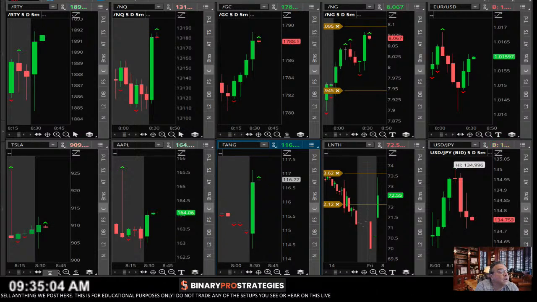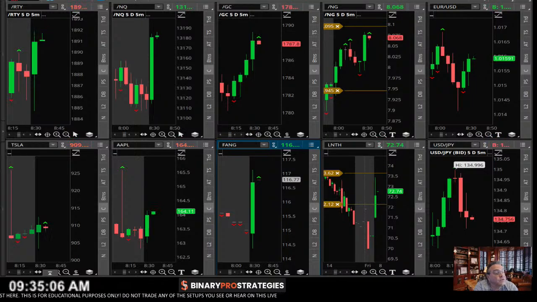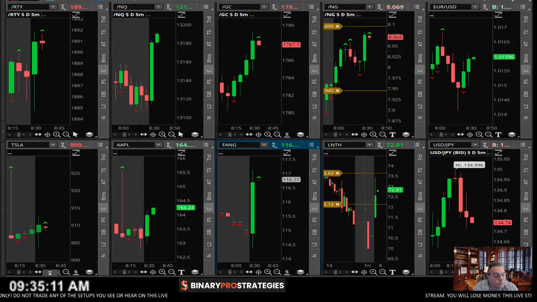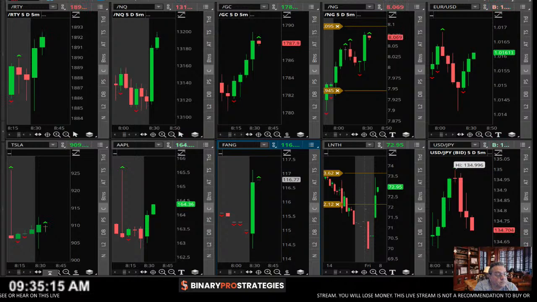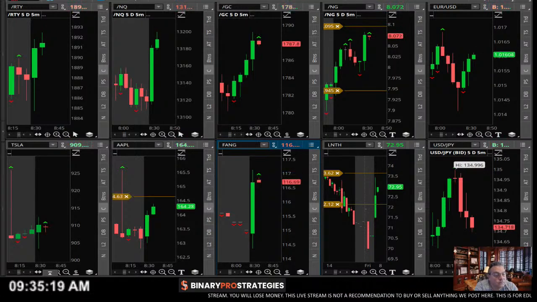Target on Apple is going to bring it up to 164.63. If we need to reverse on Apple, we're going to reverse down here at 163.13.